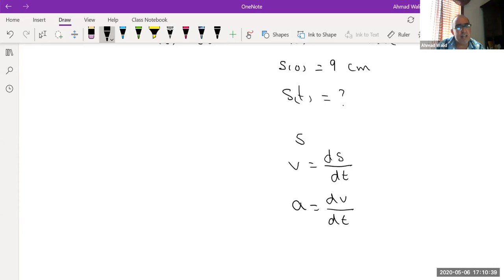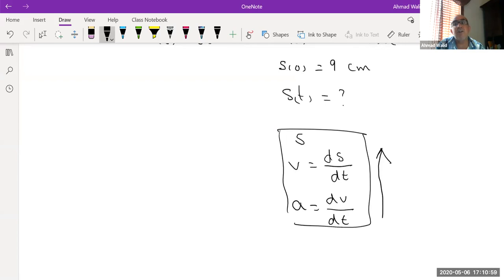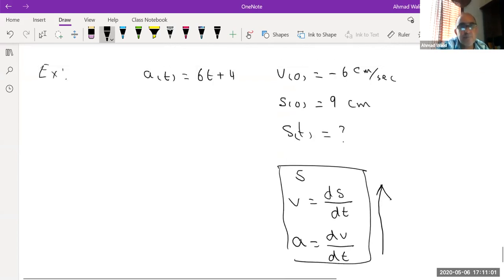Remember this explanation on that example? Now you are going the other way. The velocity is given to you. The acceleration is given to you. You have to go from acceleration to find the velocity function, and from the velocity function, you have to find the position function which they are asking you, correct?